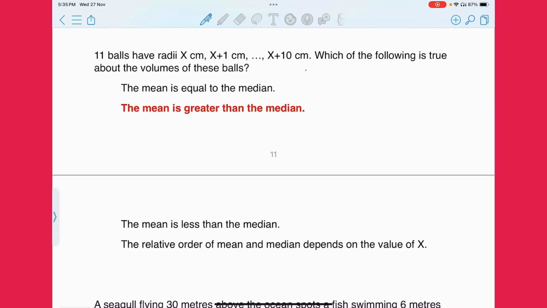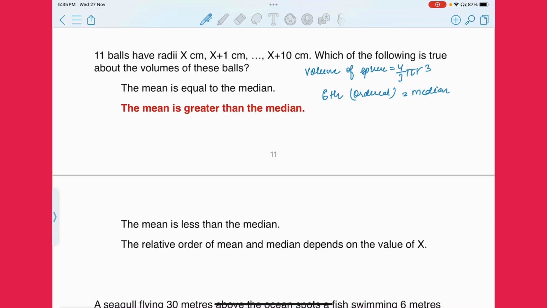Okay, so let's consider the volume of these balls as spheres, 4 by 3 pi r cube. The median of a set of 11 numbers is the sixth number when all are kept in ordered value.